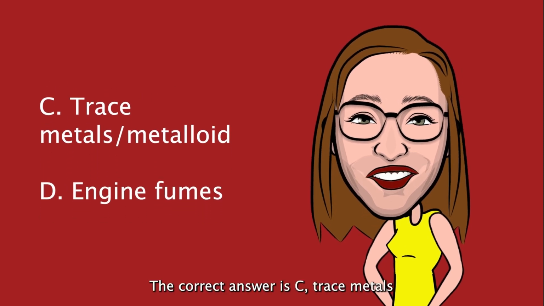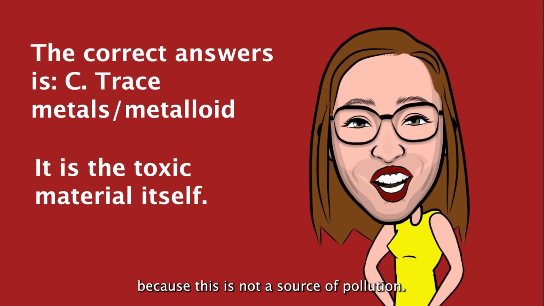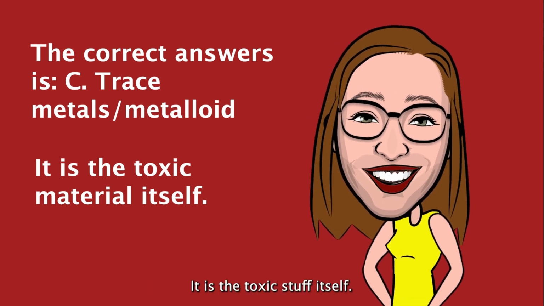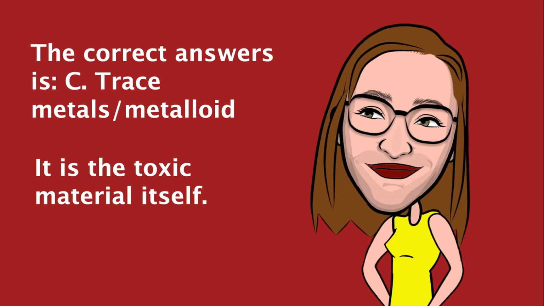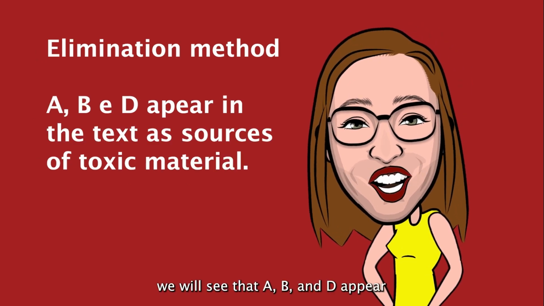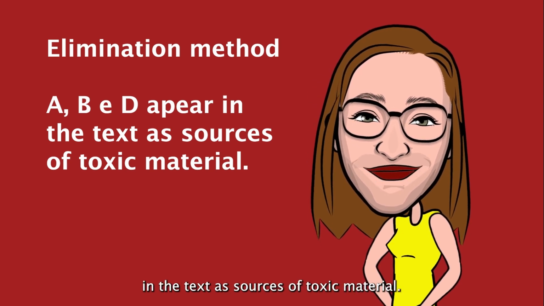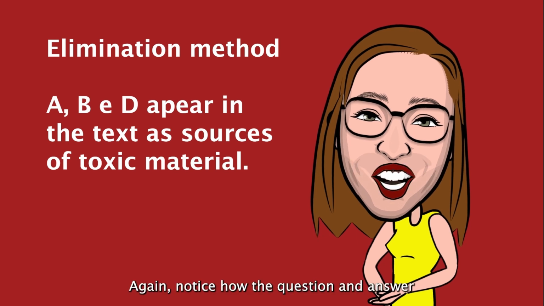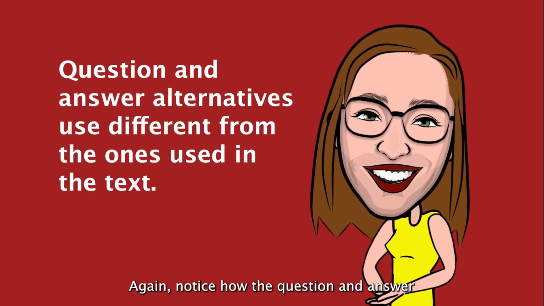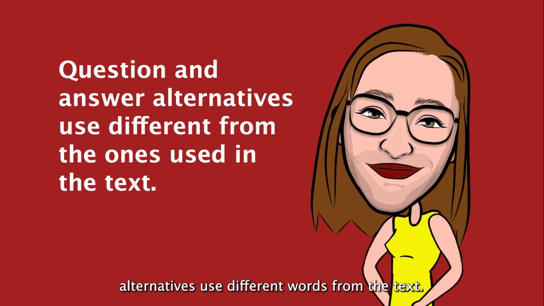The correct answer is C, trace metals metalloid, because this is not a source of pollution, it is the toxic stuff itself. If we use the elimination method, we will see that A, B, and D appear in the text as sources of toxic material. Again, notice how the question and answer alternatives use different words from the text.